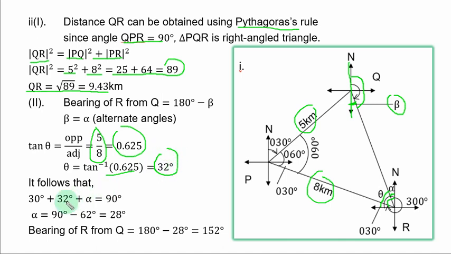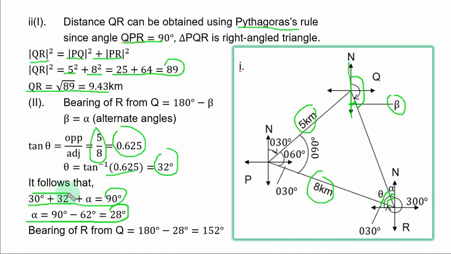So if you add the three angles in that quadrant, that is 30 degrees plus 32 for theta plus alpha equal to 90 degrees. So alpha is equal to 90 degrees minus 62 degrees, and you have 28 degrees.